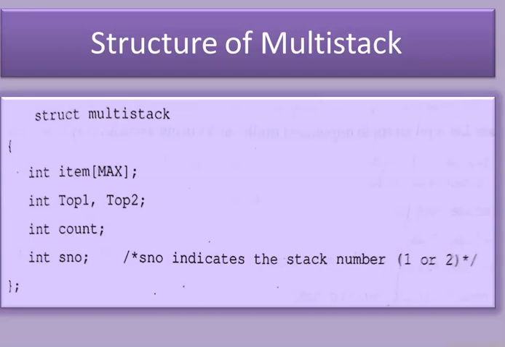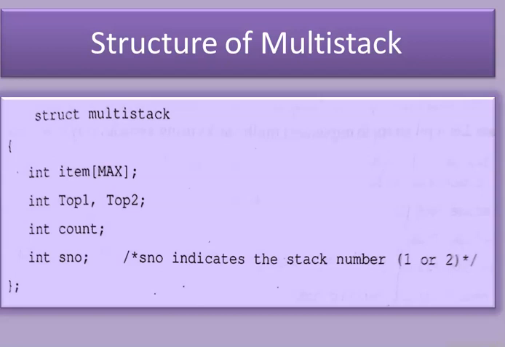Then we will come across underflow condition. We have seen that in previous cases when we use single array for single stack, whenever the value of top is -1, it is termed as empty stack. And during the status of empty stack, if we try to pop up one element, it results in underflow condition.